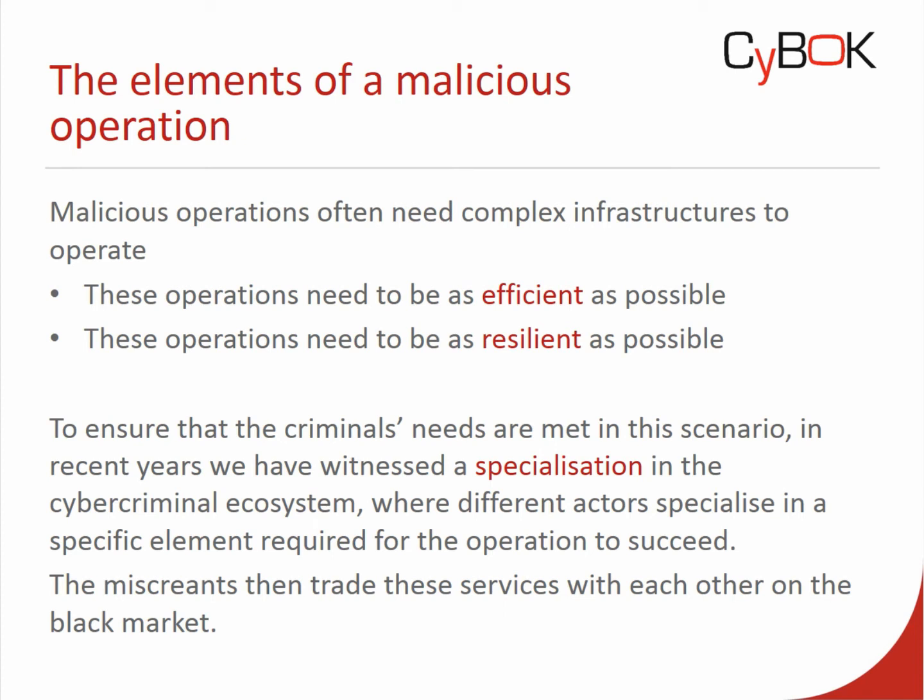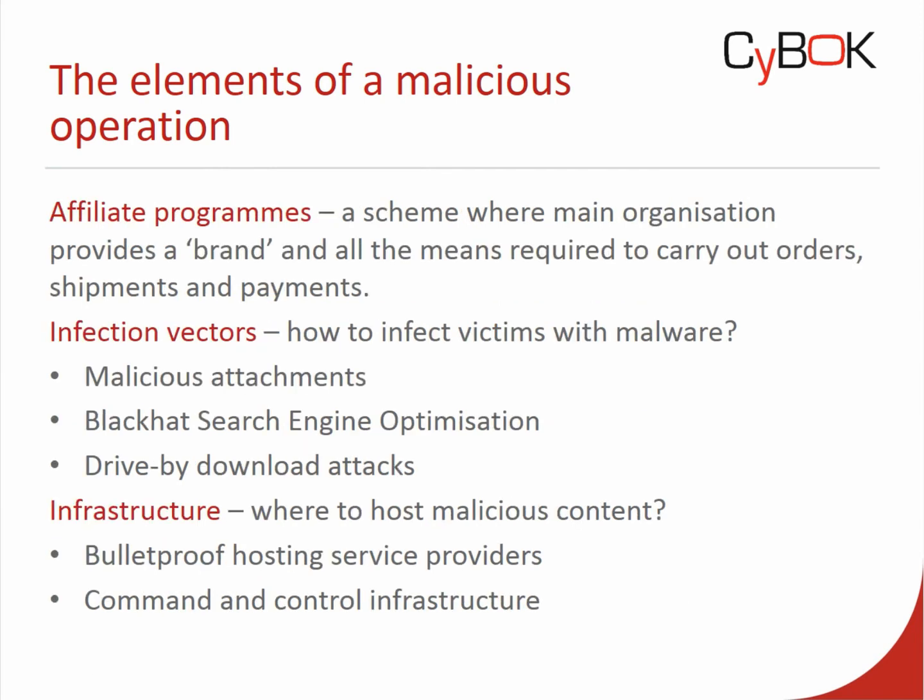And in the knowledge area, I provide references to studies that actually looked at how this market operates and what these different actors look like and so on. But let's now look at what are these services that criminals actually need to have in place.